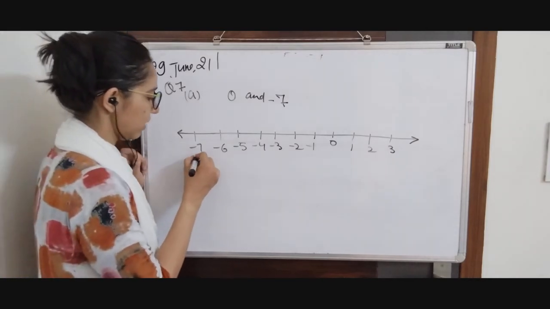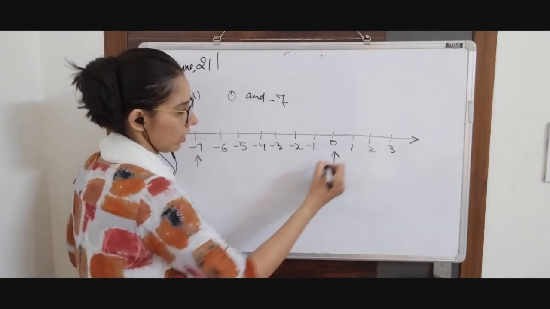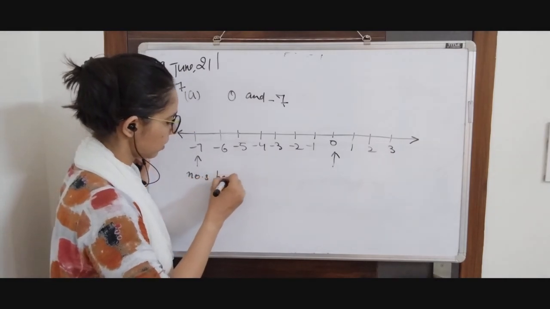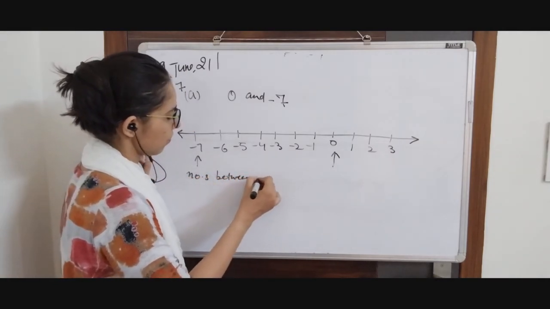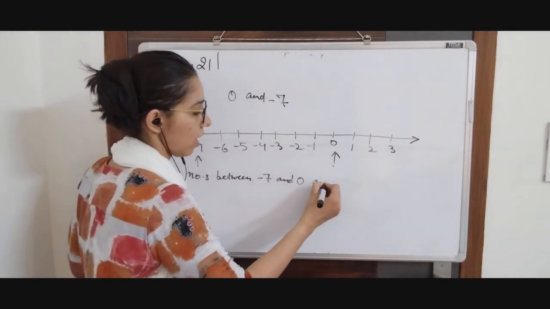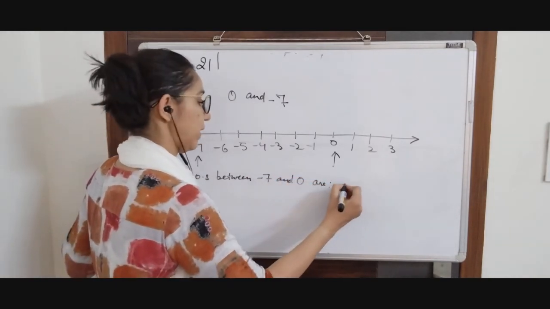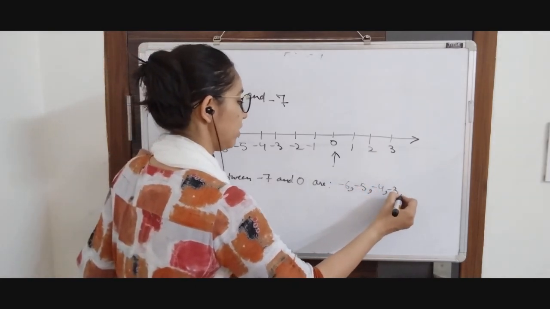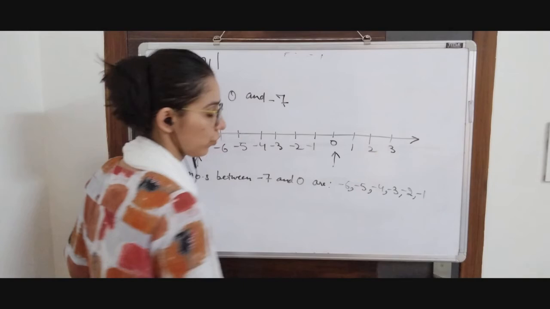So -7 is here, your 0 is here, and the numbers between -7 and 0 or 0 and 7 are going to be -6, -5, -4, -3, -2 and -1.